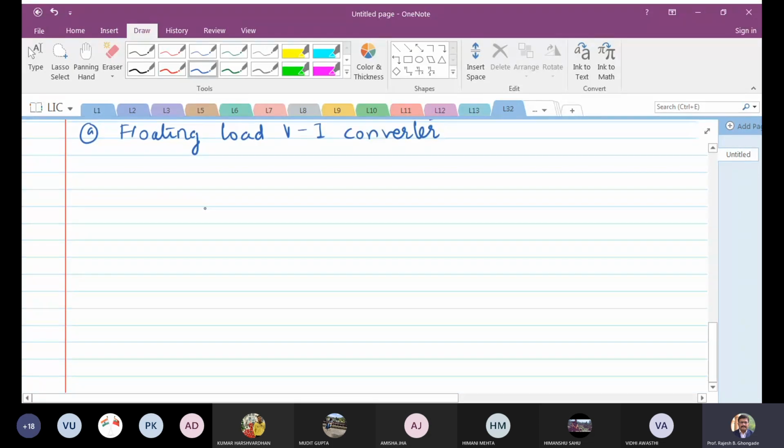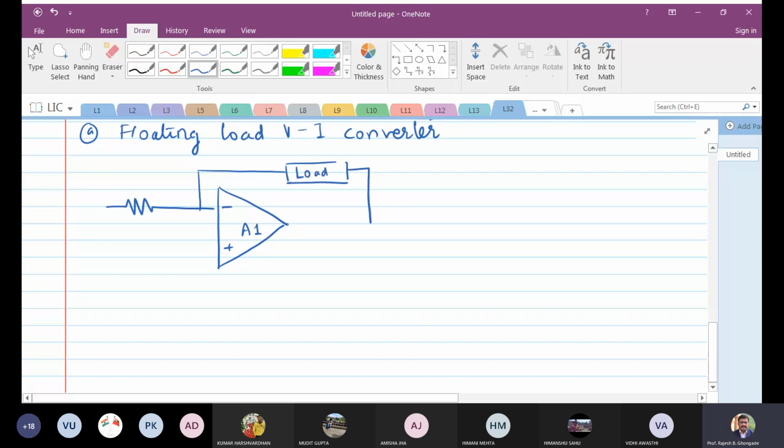So let us have a look at how you can generate that using our operational amplifier again. And it is very, very simple. This is where your input signal is connected to the non-inverting terminal.